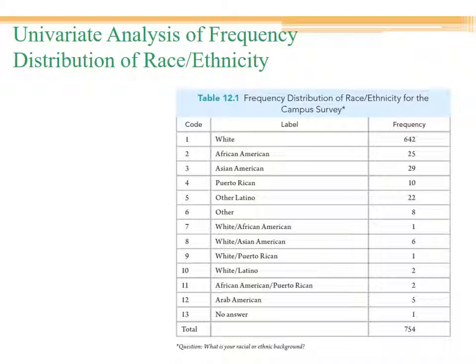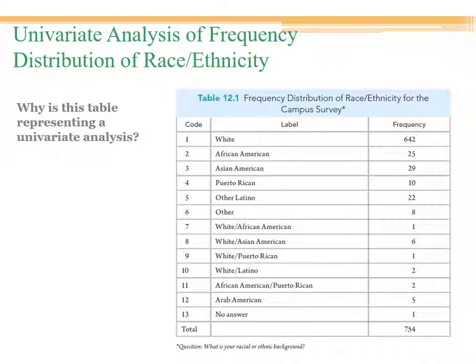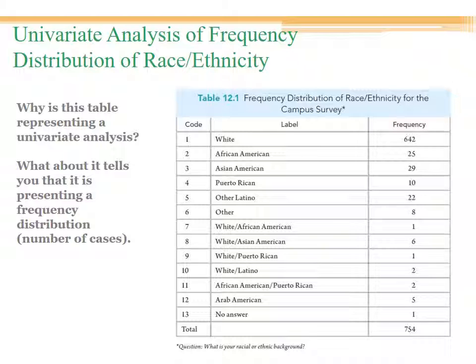This is a table representing a univariate analysis of frequency distribution of race and ethnicity. Pause the presentation and see if you can determine why this is a univariate analysis and how you can tell that it's presenting frequency distribution, meaning the number of cases. So we know that it's a univariate analysis because it's presenting results from only one variable, race and ethnicity.